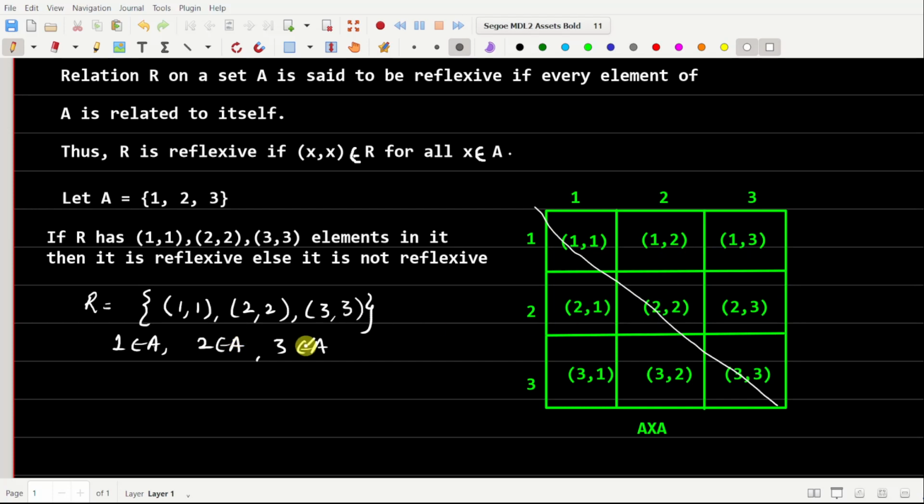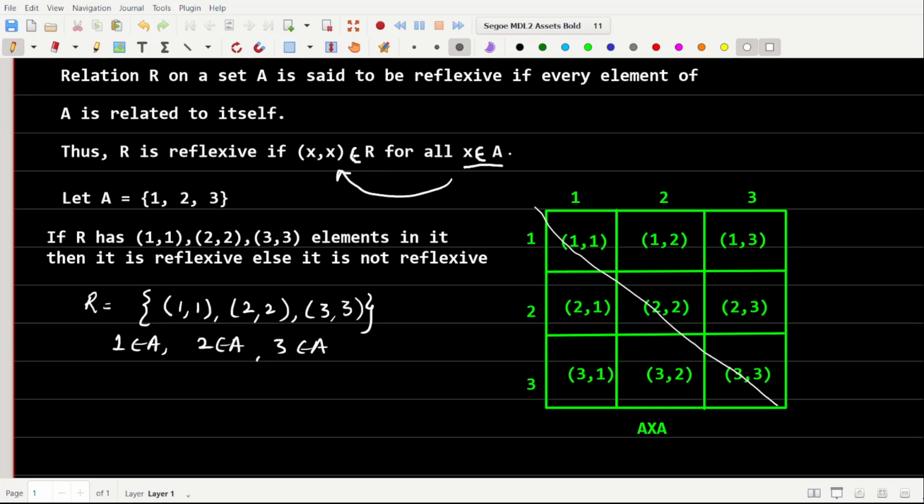So if we talk about the non-diagonal elements in a reflexive relation, yes, they can be present or they cannot be present, but we need to have (1,1), (2,2) and (3,3) in the reflexive relation. So basically for all x belongs to A, my (x, x) should belong to the reflexive relation, right?